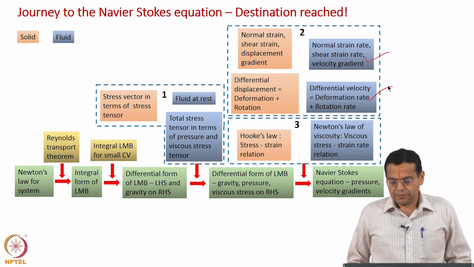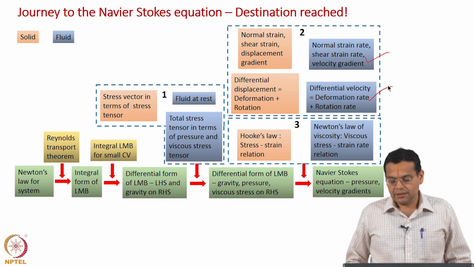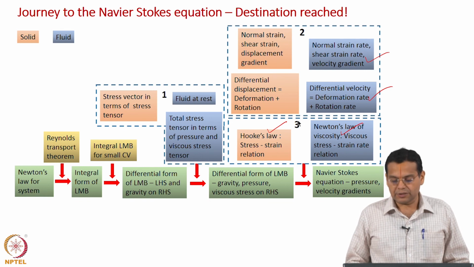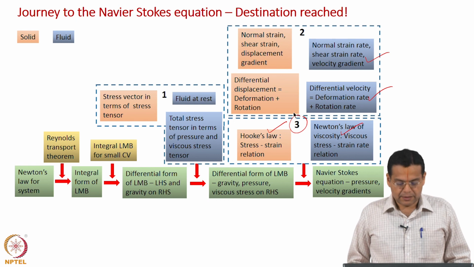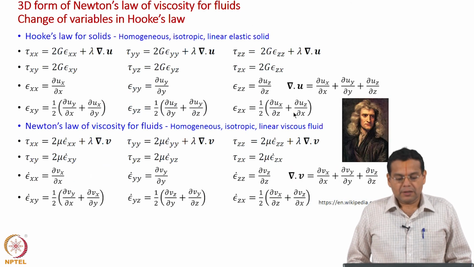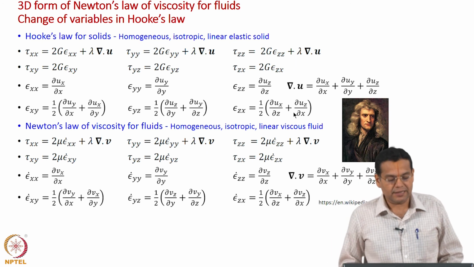Now, having understood stress and strain and viscous stress and strain rate, the next step was to relate these two for solids through Hooke's law and for fluids through Newton's law of viscosity. So, once again we took a diversion to solid mechanics and discussed the assumptions now, because they are material dependent, and came back to fluid mechanics, just wrote down the Newton's law, and all those are summarized in one slide here.